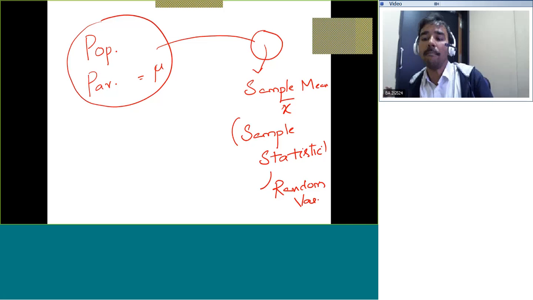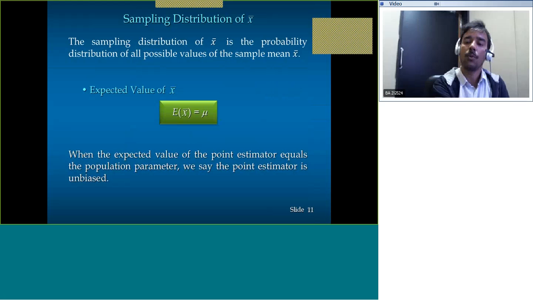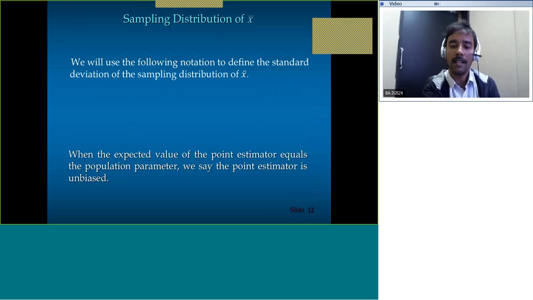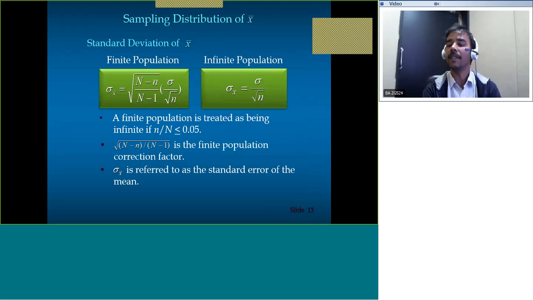So once you know the sampling distribution of x bar, you can calculate the expectation, variance, and standard deviation of your random variable x bar. The expectation of x bar is mu, and the standard deviation of x bar is given by two different formulas, one for a finite population and the other for an infinite population.